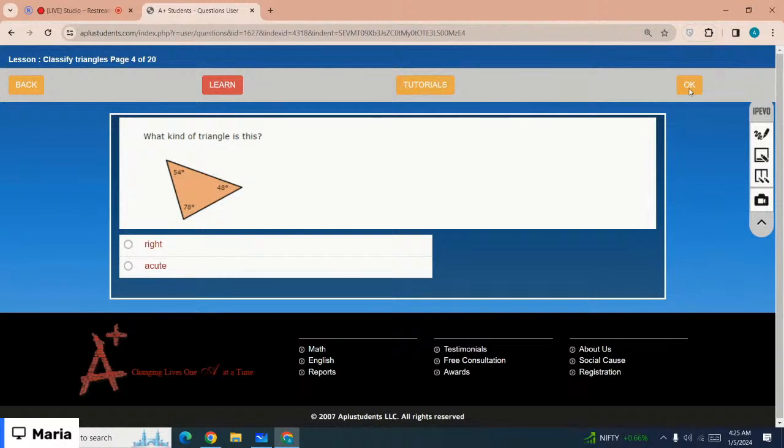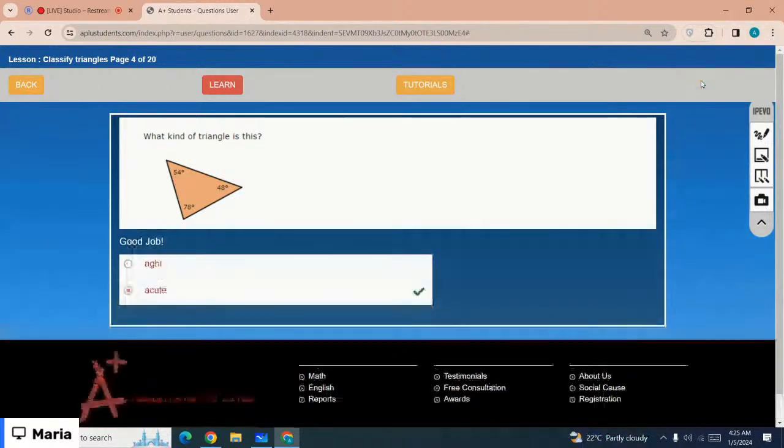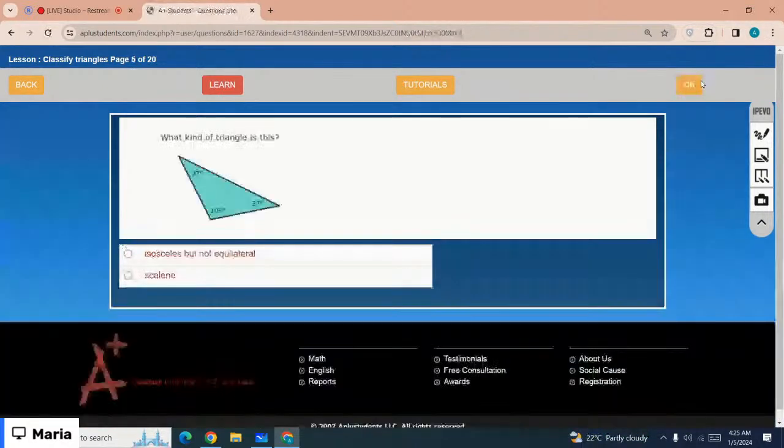All the angles are less than 90 degrees, so yes, that is an acute triangle. What kind of triangle is this?